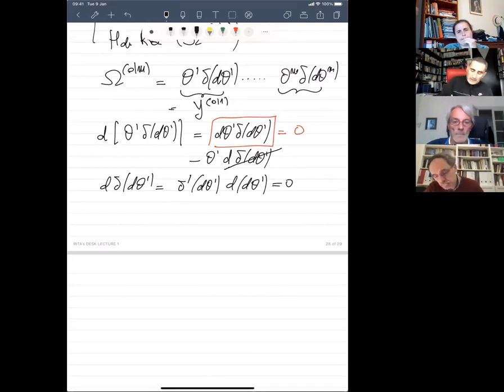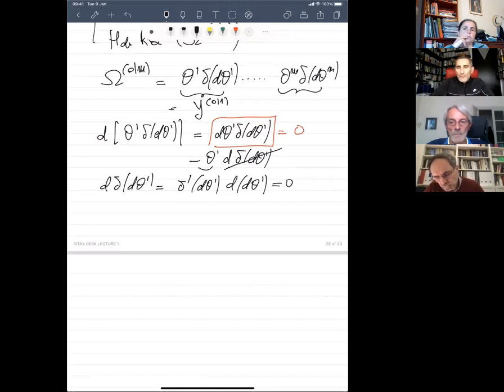This term has a minus because if I go through with the differential, I hop over the theta 1. As I said in the very first lecture, I use the following setup: whatever commutes, commutes with everything, and whatever is anti-commuting, anti-commutes with the anti-commuting objects.